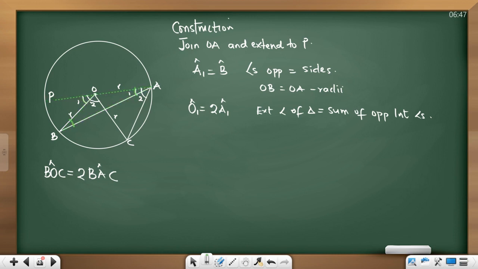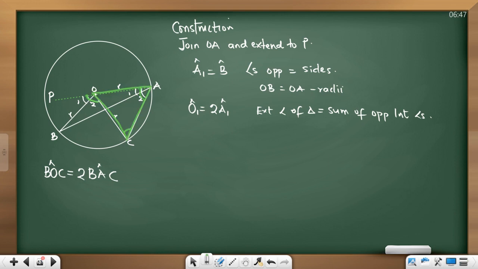Okay. Now, can we consider the second radius? Now look at this other triangle. Can you see that triangle there? Radius. It therefore means A2 is equal to C. And therefore, O2, can you see it's exterior because I am looking at this triangle.